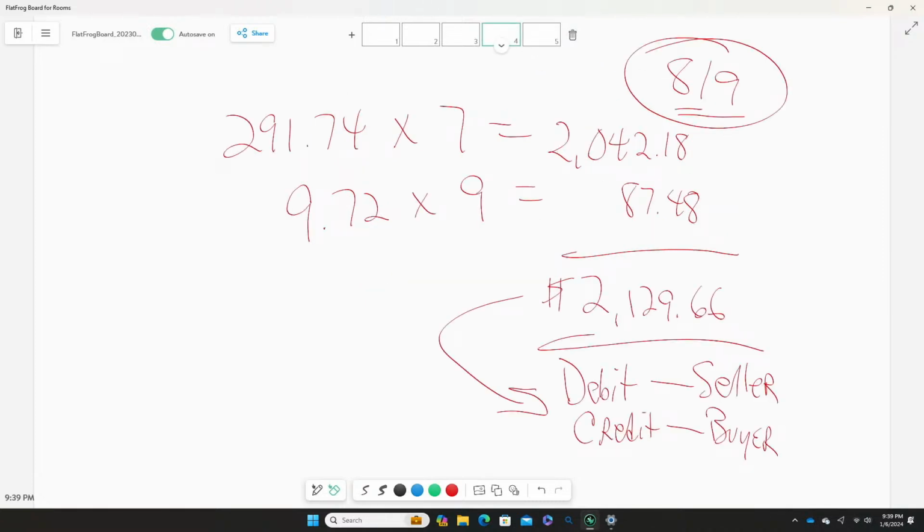Because we just gave them a credit right there for 2,129.66, which was from 1/1 to 8/9, the closing. And so had the buyer not received the credit of 2,129.66, they would have had to come up with more money on the day of closing, okay?